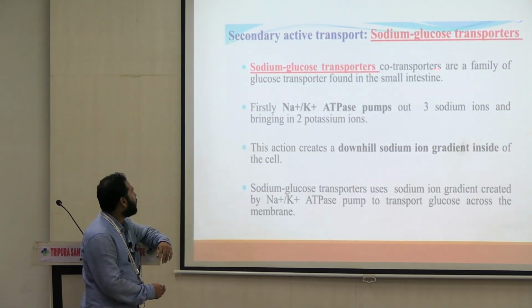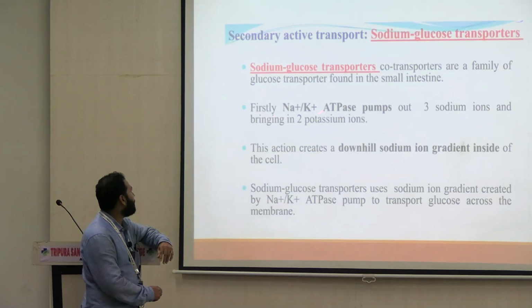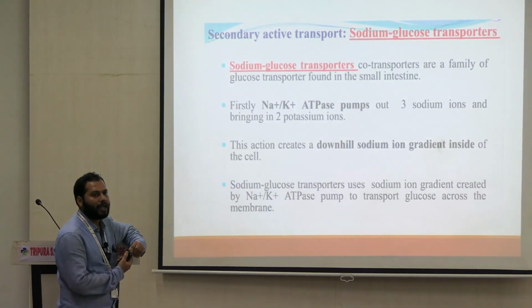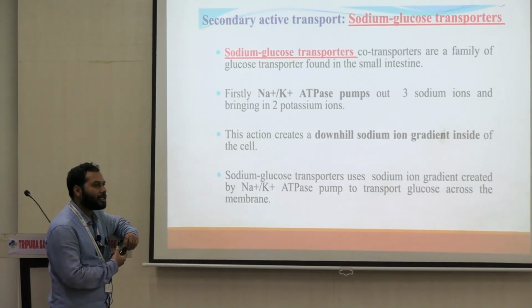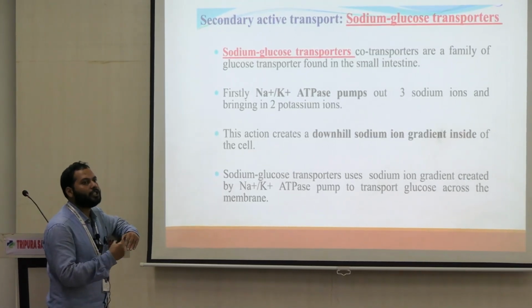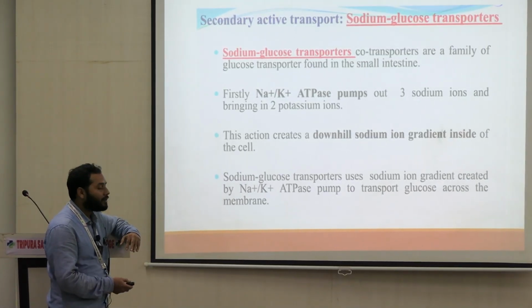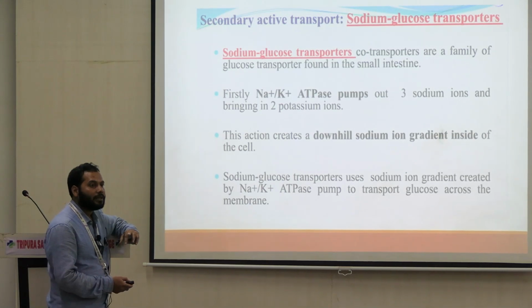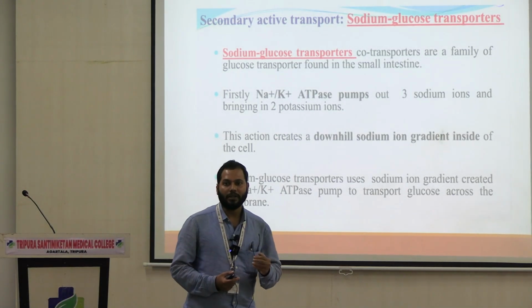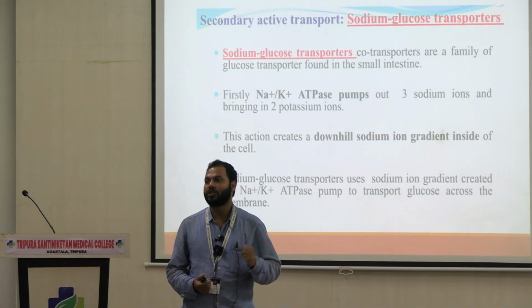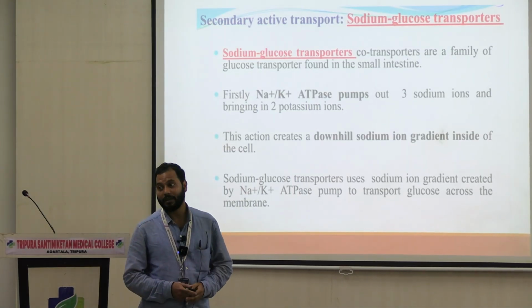Here, the sodium-potassium ATPase pump that I have mentioned, due to the concentration gradients, the energy is already formed, and this energy allows the journey in the secondary active transport process, called the downhill journey.